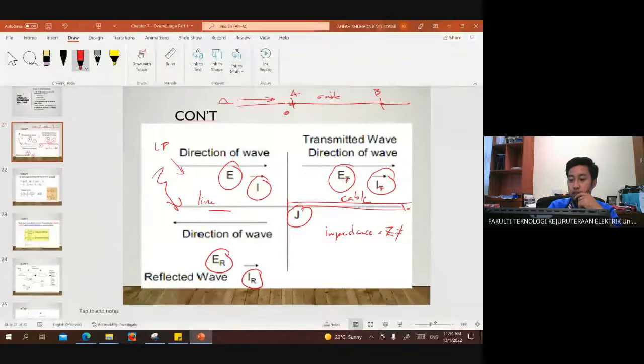So signal ni dia memang akan directly transmit dekat medium yang selepas B ni.